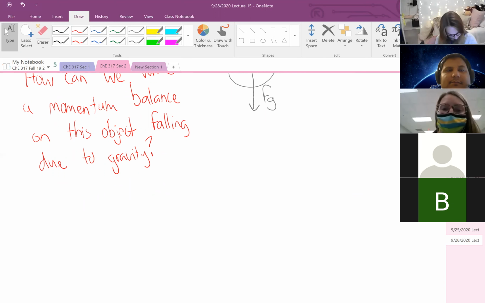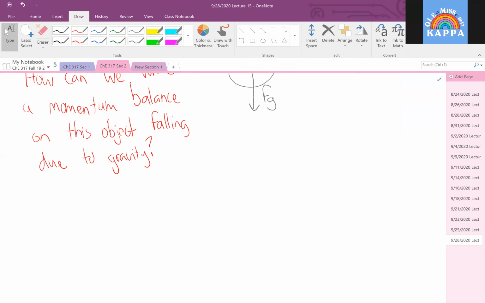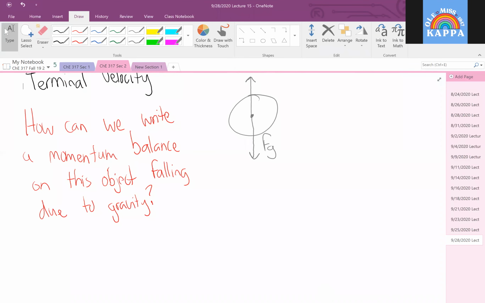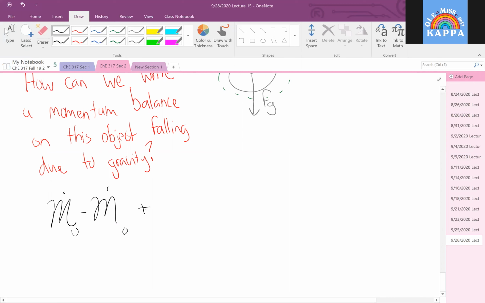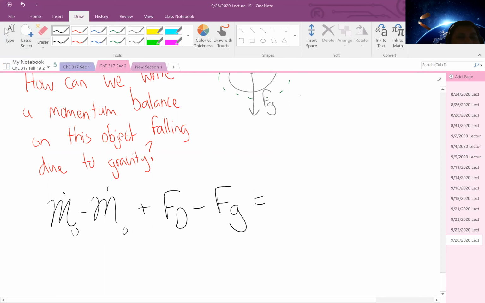Momentum in minus momentum out, plus the drag force minus the force due to gravity, is equal to momentum accumulated.